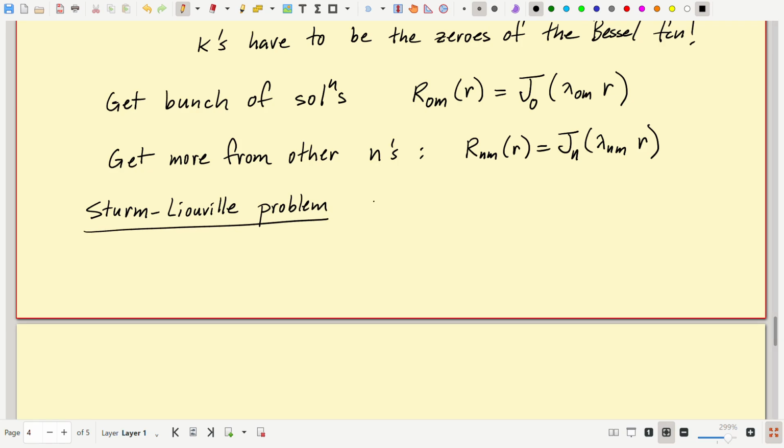And when you analyze it, you can see that the RNMs are orthogonal on the interval from 0 to 1, but with respect to a weight function.